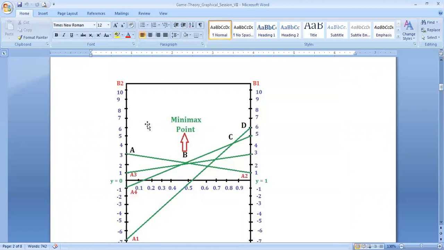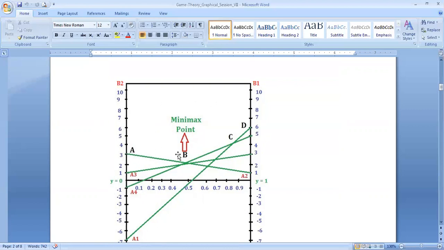The area lying above A, B, C, D and below B1 and B2, this area is the maximum area. In this maximum area, player B tries to minimize his loss. So that is why we have to search for the point which is lowest in this area.